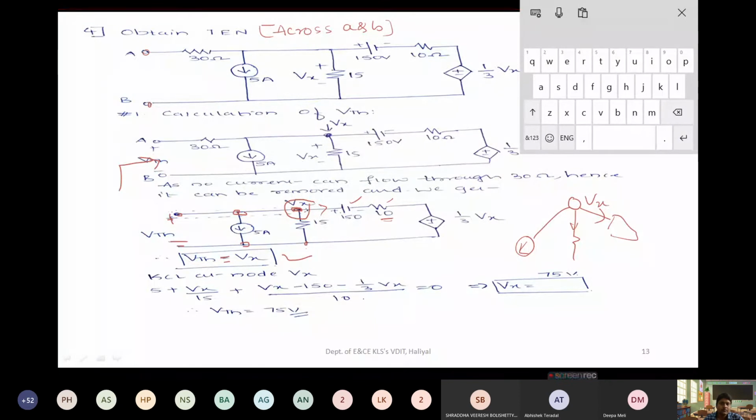If you solve this, you get 75 volts. Since Vx equals Vth, we can write Vth is equal to 75 volts.